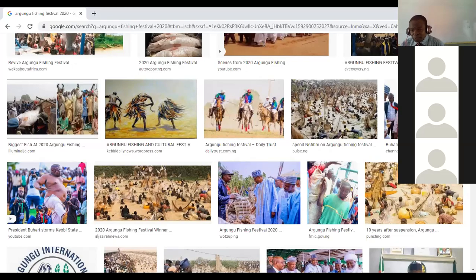Now, but large scale fishing, they process the fish inside the ship. They export it to all nations of the world. So all these fishes that we call ice fish, they are the products of large scale fishing. So their fishes are processed, frozen, packaged, exported. So that is another difference.